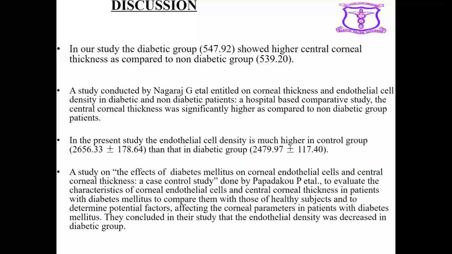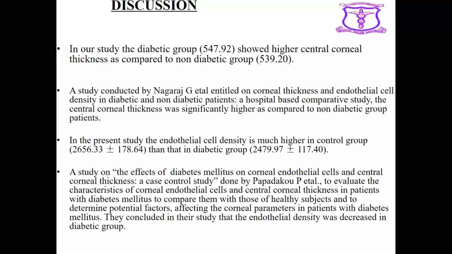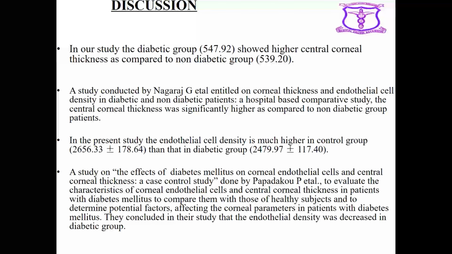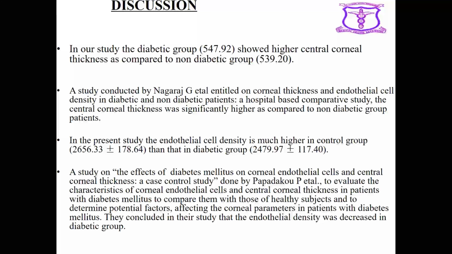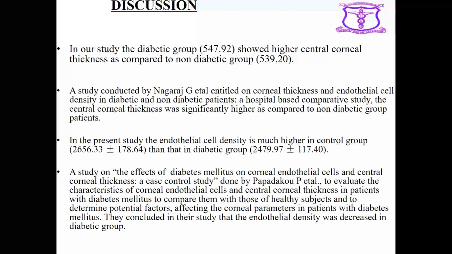If you do specular microscopy pre-op and the endothelial cell count is reduced, we can tell the patient beforehand that there's endothelial compromise already, and it can go on to bullous keratopathy afterwards. Thank you. We'll move to the next speaker.